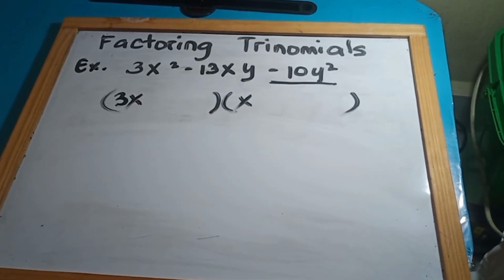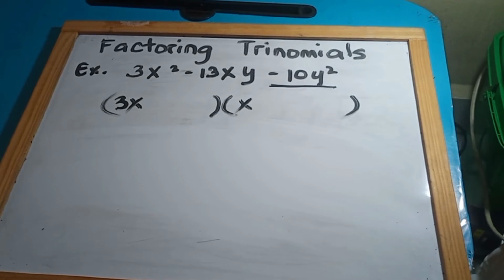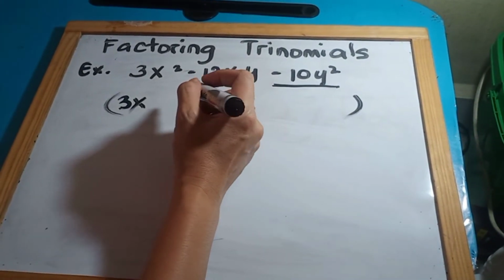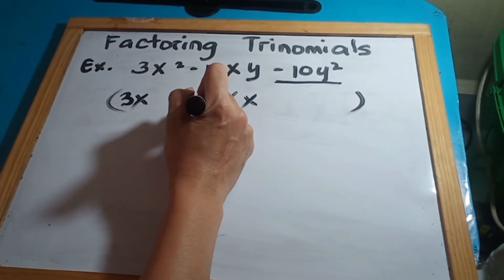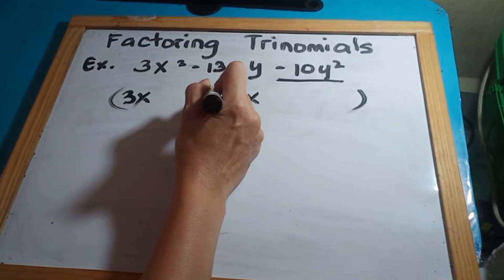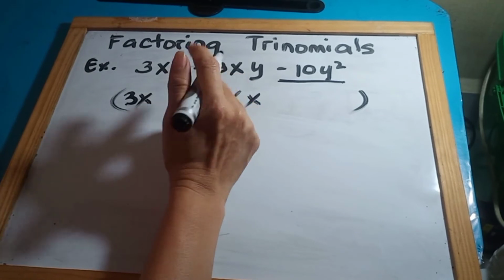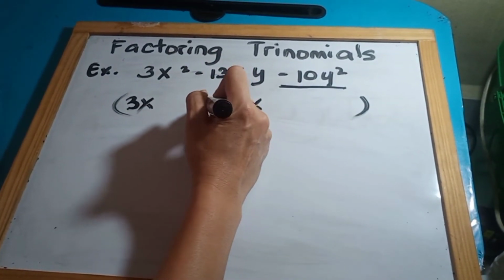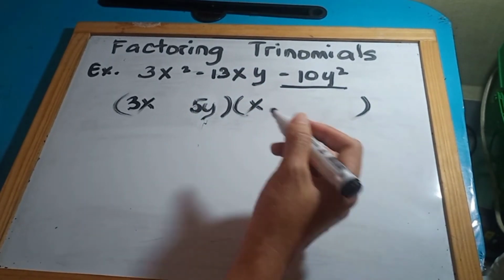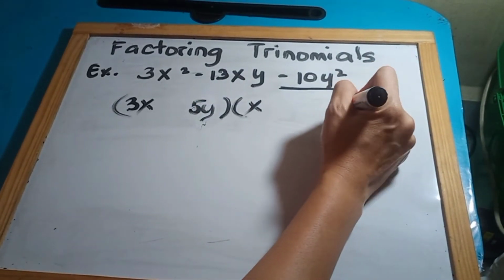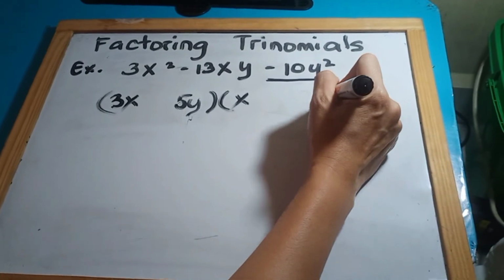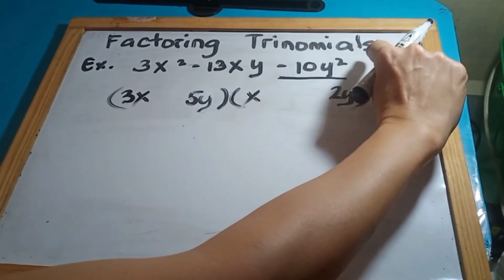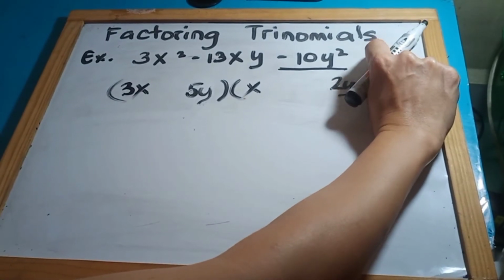So, ang factor ni 10 is pwedeng 5 times 2. Okay, so let's write 5. And then yung factor ni y squared is y and another y. So 5y and 2y. Okay, so 5y times 2y, that is 10y squared.